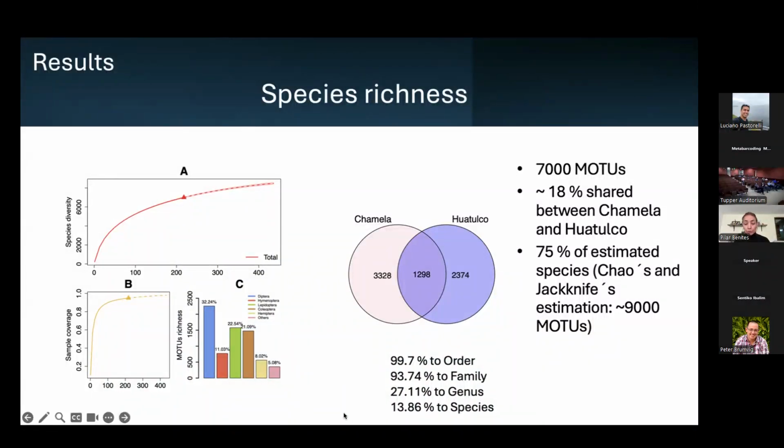We could assign 99.7% of all our MOTUs to order, 93.74% to family, 27.11% to genus, and 13.86% to species. So the amount of species we were able to successfully identify is quite low.